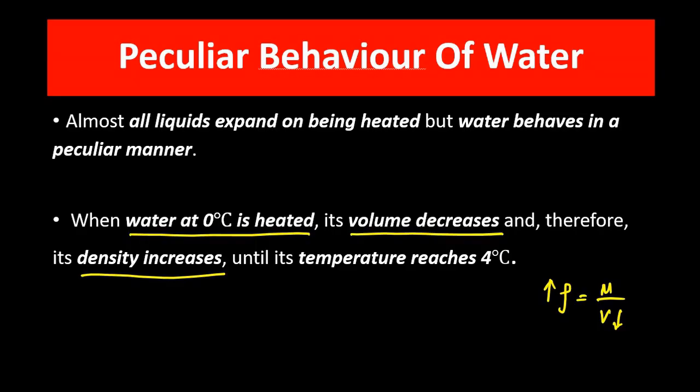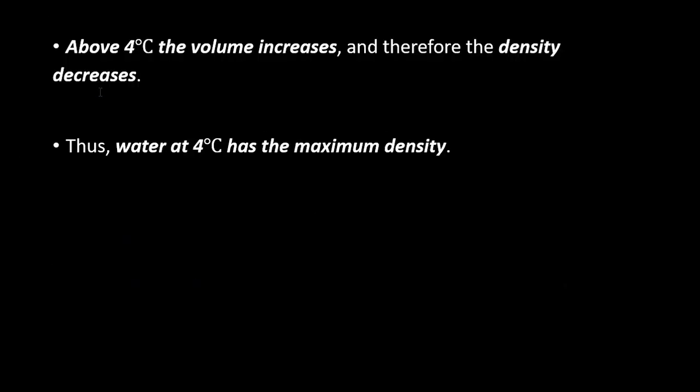Now this phenomenon continues to happen until the temperature reaches 4 degrees Celsius. So at 4 degrees Celsius, volume again starts increasing. Above 4 degrees Celsius, volume starts increasing, and as a result, the density decreases, because again density is equal to mass by volume.